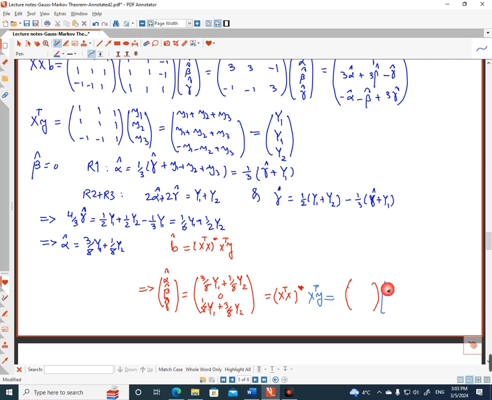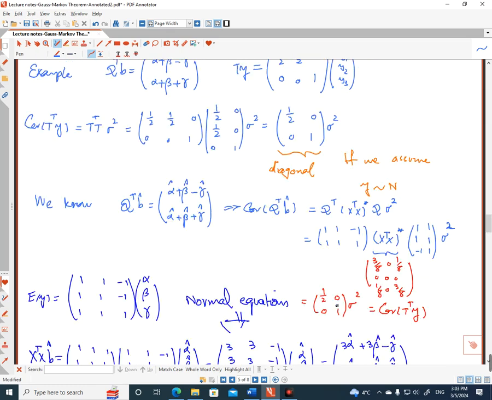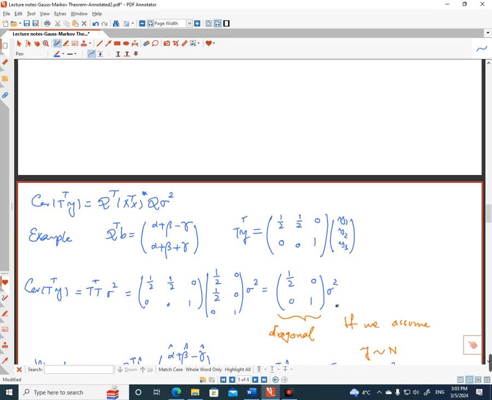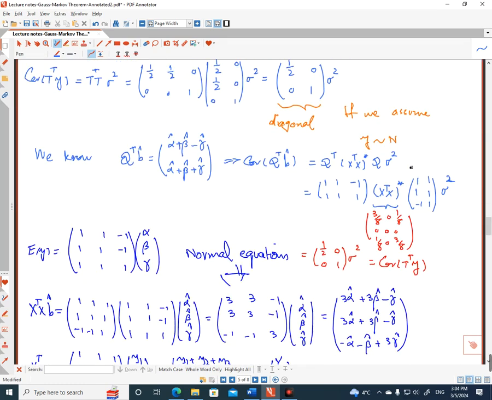X prime y is nothing but Y1, Y1, Y2. And then if you compare it with above, you can simply see that, okay, this is the required matrix.